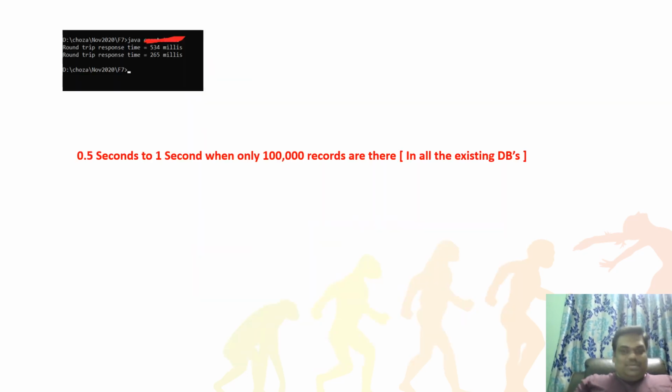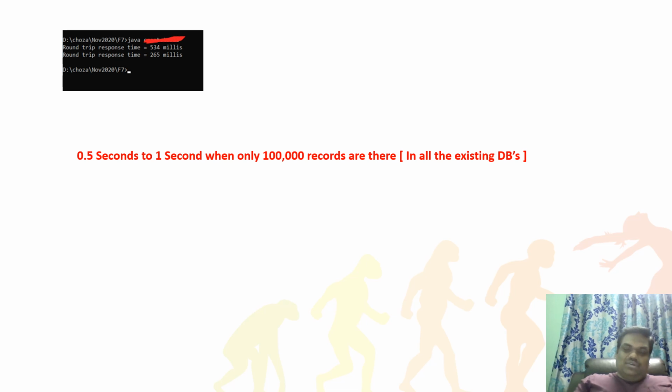Okay, what happens? With only 100,000 records, when I execute that query with indexes or without indexes, I'm seeing a response time of 534 milliseconds. The second time you execute it, with the buffer cache, whatever the concepts we have, it's 265 milliseconds.